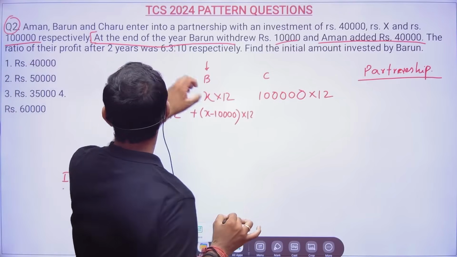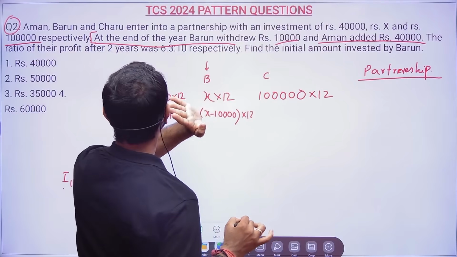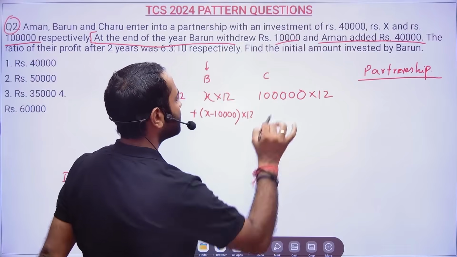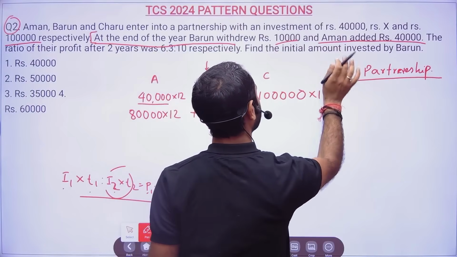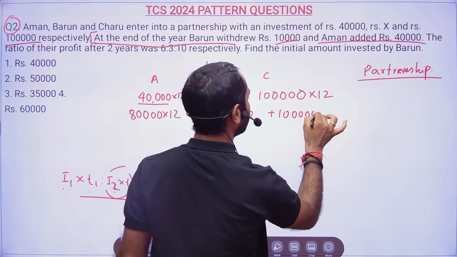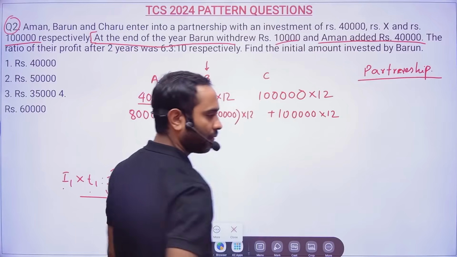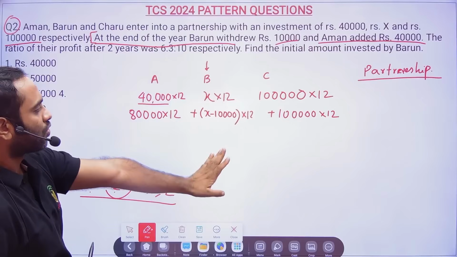Then they are telling that for Charu there is no change in the investment. So again the same 1 lakh rupees will be invested for another 12 months, right? So basically 1 lakh rupees he invested for 24 months.